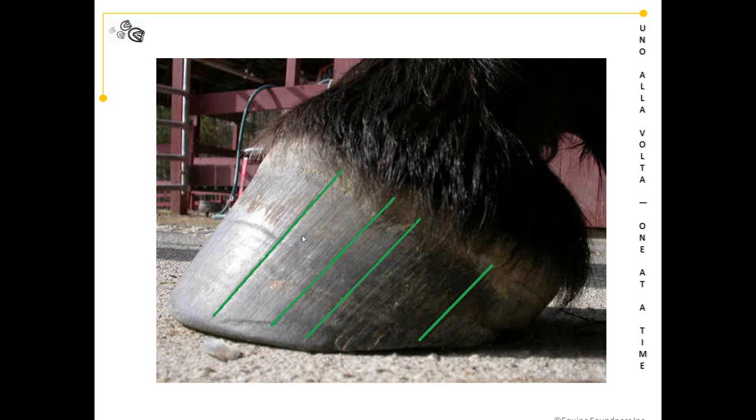And you can see where it's not marked how they are running oblique to the ground. And if you remember our corium lecture, the lamellae corium in the quarters was also running oblique to the ground. So what you have here is matching hoof tubules.